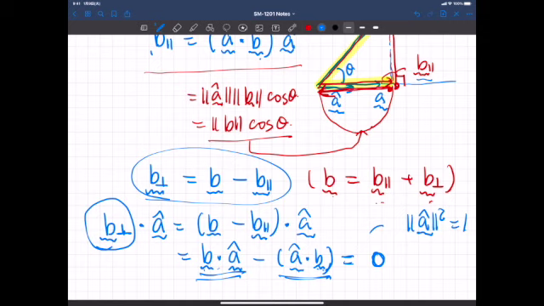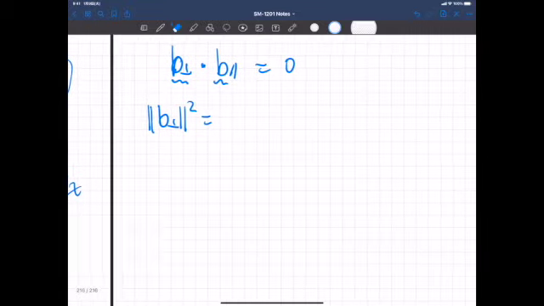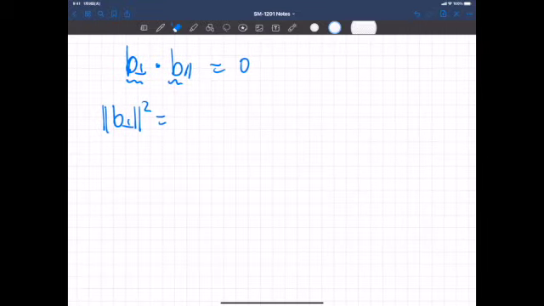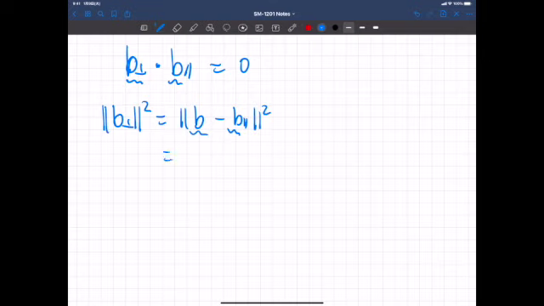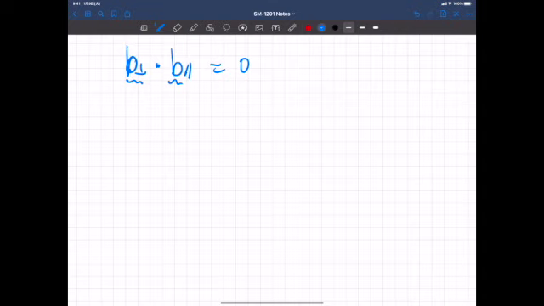Anyway, we have B equal to B perpendicular plus B parallel.